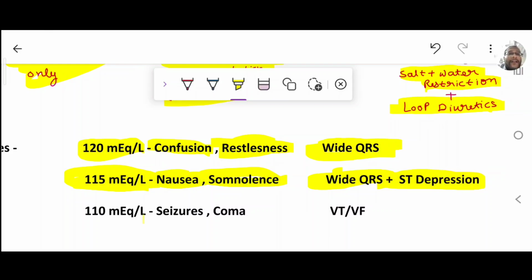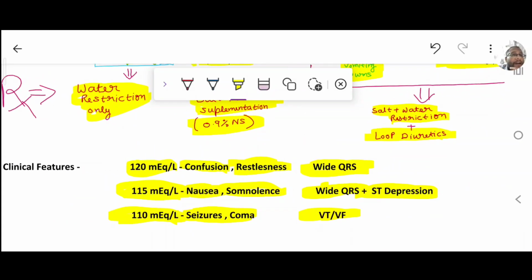And if the sodium level is 110 milliequivalent per liter, then there will be seizures and coma, and the ECG pattern will show ventricular tachycardia and ventricular fibrillation. So these clinical features are also very important, guys.